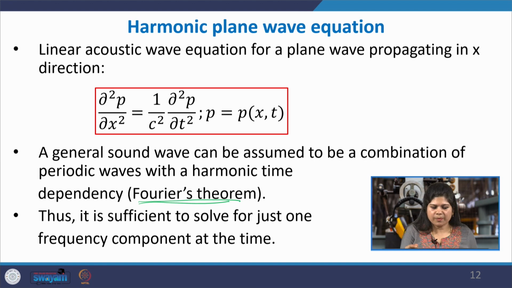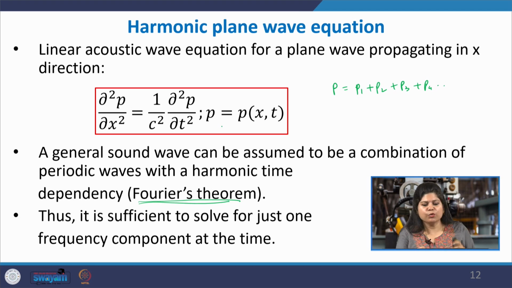Suppose we had one sound wave, let us say P, which was P1 plus P2 plus P3 plus P4, and so on, a summation of the acoustic pressures of the harmonic plane waves. Suppose we could find the solution of a simple harmonic plane wave from this partial differential equation. Then we can feed in these solutions.